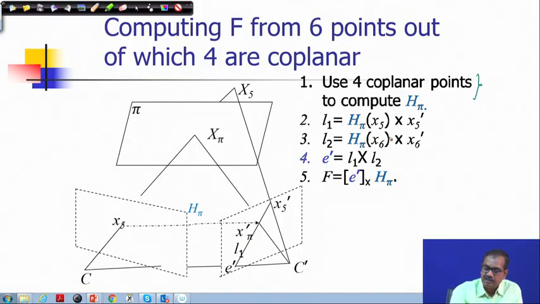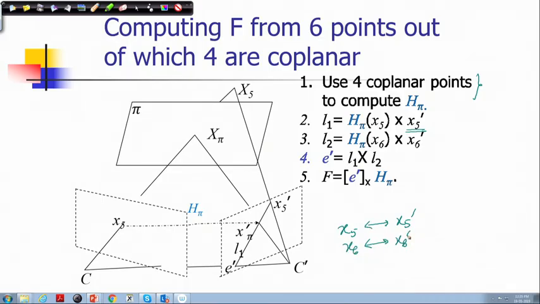You consider the actual corresponding points observed: x 5 corresponding to x 5 prime, x 6 corresponding to x 6 prime, and x 1 to x 4 corresponding to x 1 prime to x 4 prime.